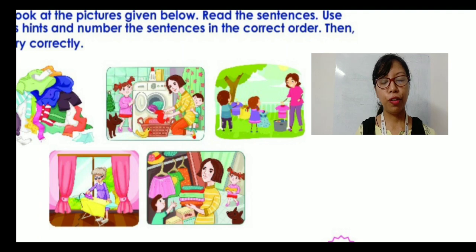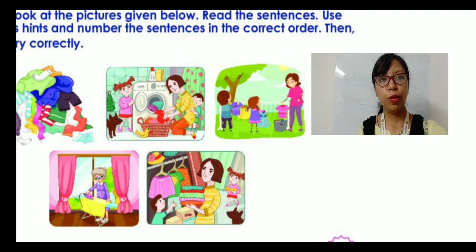And the fourth picture shows us a granny who is ironing the clothes. And then the last one, a lady who, after washing and ironing the clothes, is keeping the clothes orderly in their cupboard or wardrobe, and the children are also helping the lady.